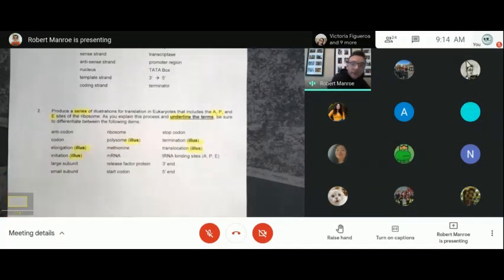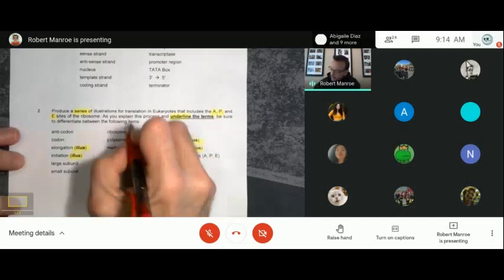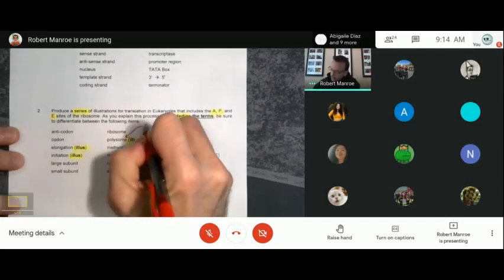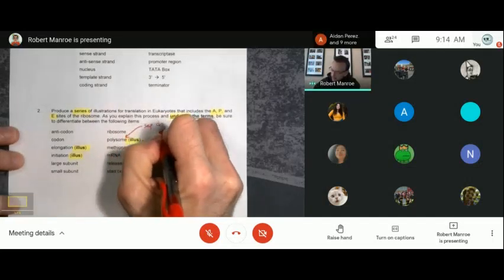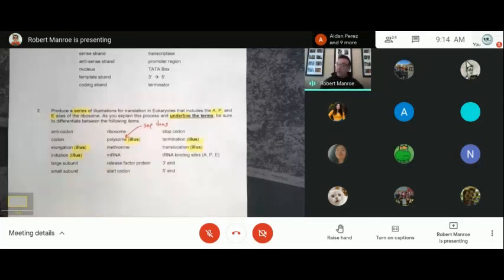Now, if I were you, I would do the polysome as a separate diagram. Okay. If you want to give me a highly detailed messenger RNA with multiple ribosomes and really get into this, if you want to do that, go for it. Okay. If I were you, make your life easy.